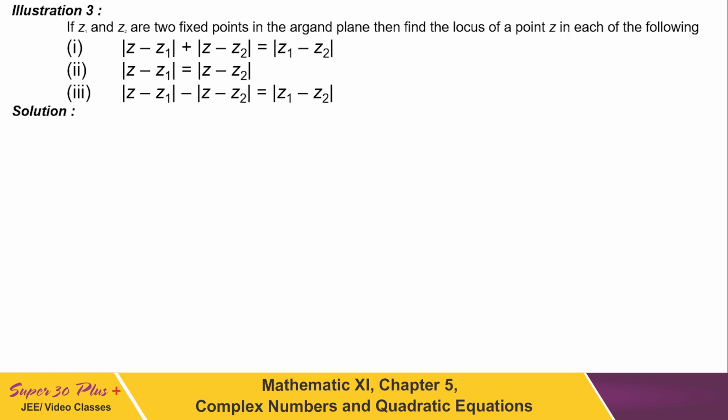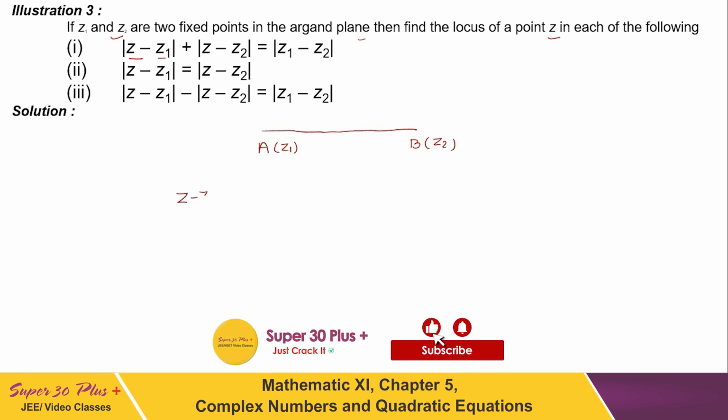Students, here we are going to solve some questions. If Z1 and Z2 are two fixed points in the Argand plane, then find the locus of point Z in each of the following cases. First case is here. Let it be a point A with affix Z1 and a point B with affix Z2. Then what is the value of Z minus Z1?